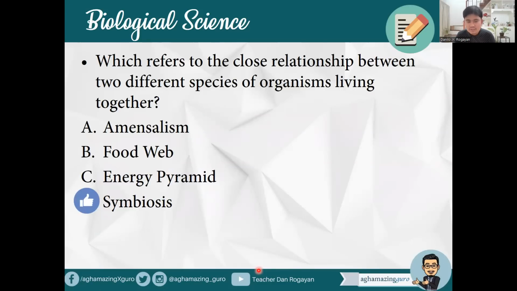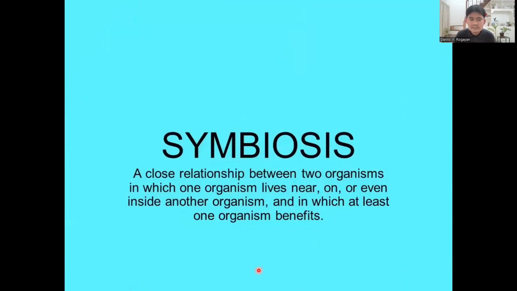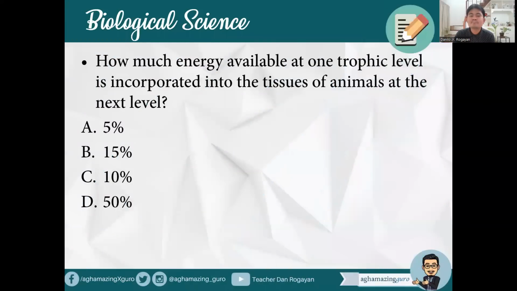Now, symbiotic relation, where they actually have a close relation. So symbiosis is a close relationship between two organisms in which one organism lives near, on, or even inside another organism, and in which at least one organism benefits. Okay, so that is symbiosis. Example, of course, your mutualism, commensalism.